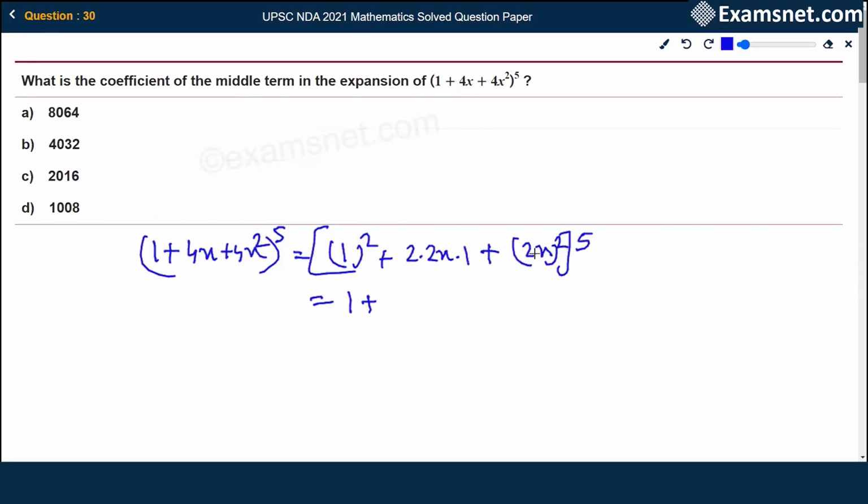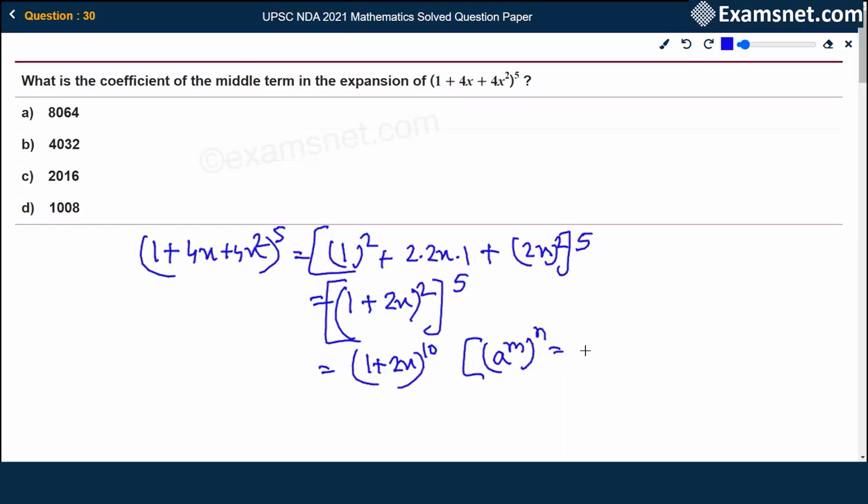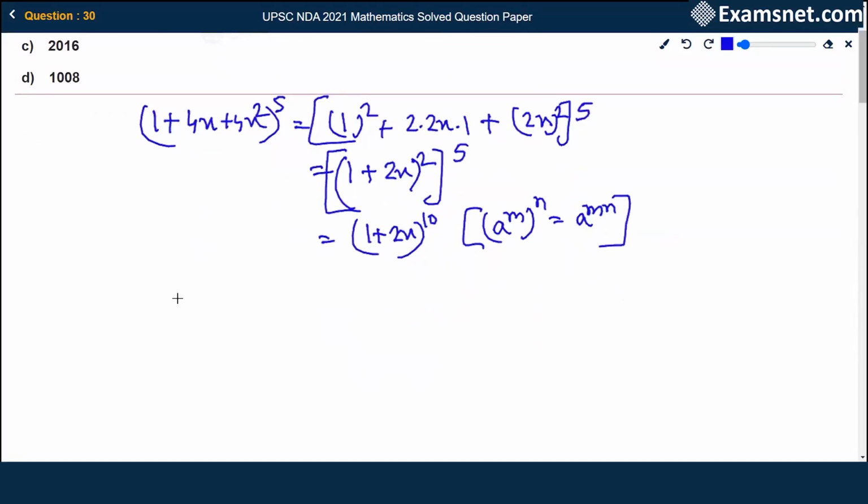So this is the expansion of a plus b whole square, where 1 is a and 2x is b. So 1 plus 2x whole square whole to the power 5. Now this can be written as 1 plus 2x whole to the power 10. As we know, a to the power m whole to the power n gives us a to the power mn. So the expression becomes 1 plus 2x whole to the power 10, correct?